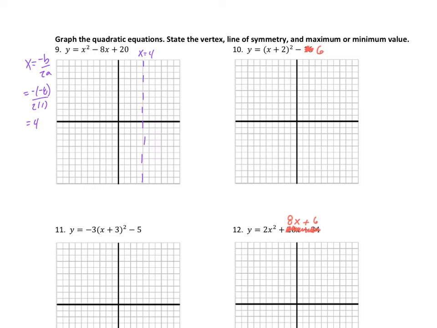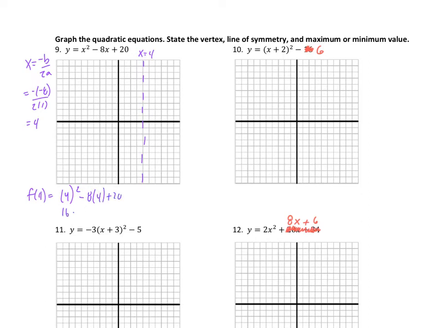And then I'm going to plug 4 into the equation. So I'm going to find what f of 4 is. So 4 squared minus 8 times 4 plus 20.